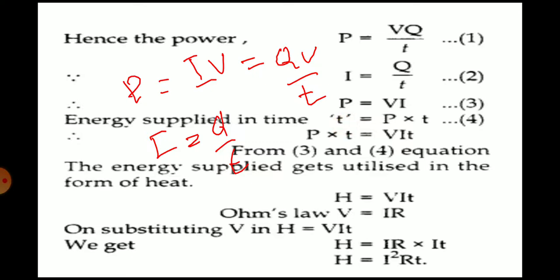In place of Q divided by T, we will write I. Now the energy supplied in unit time will be equal to P cross T. So P cross T is equal to IVT.